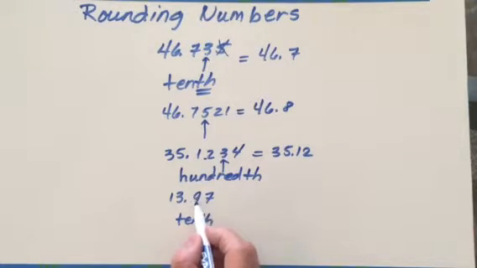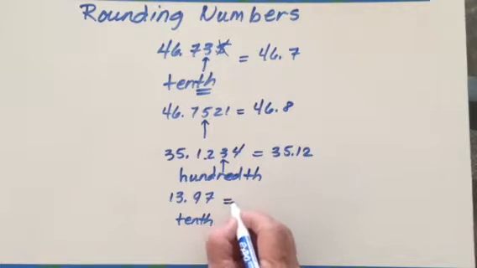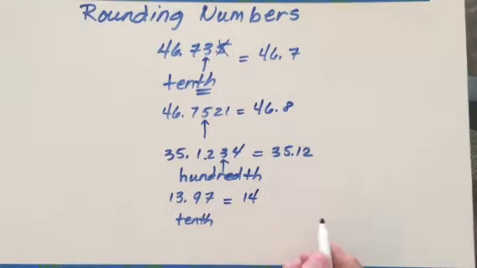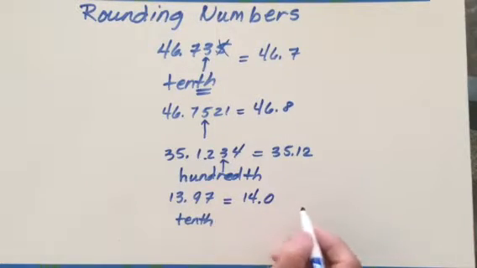Therefore, that makes that go up to a 10, which makes this whole thing go up to 14. But I have to write it like this. If you say 14, in a lot of cases, they'll mark that wrong. You have to say 14.0. 14 and no tenths. That's how you round that off.